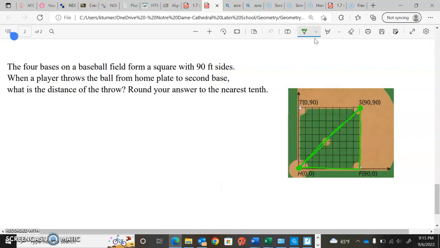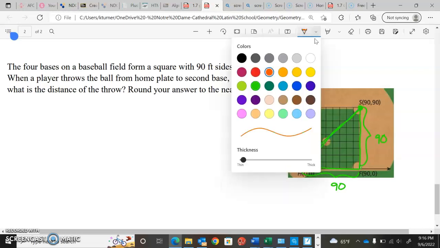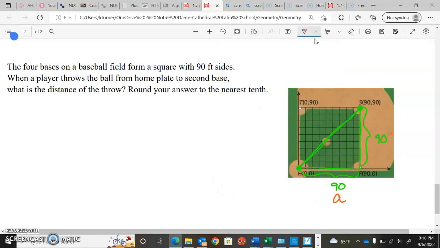So if H is starting at 0, looking at our x coordinate over here at first base is 90, that's just 90 units long. And then because it's a square, and it's the same distance from first to second, that is also 90. So if we think about this right triangle in terms of A, B, and C, those are both our legs, A and B. Those are the two sides that form that right angle right here at first base. And then the hypotenuse, which is the length we're trying to find, is C.